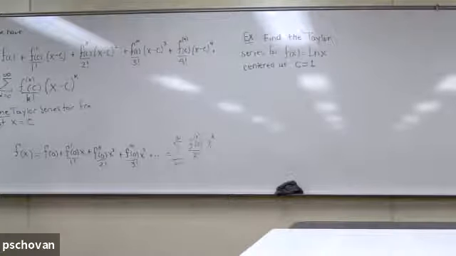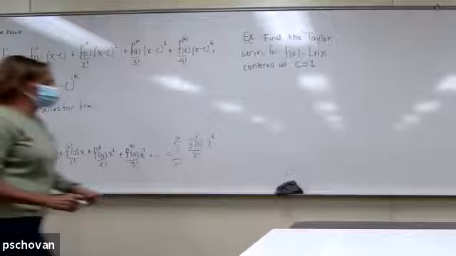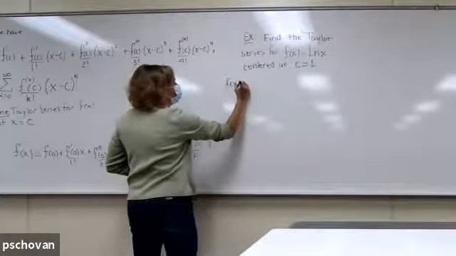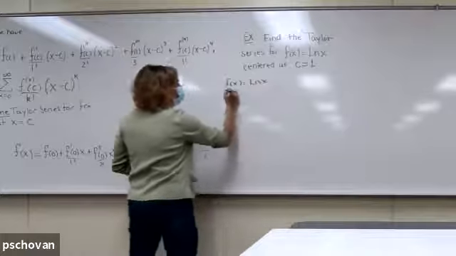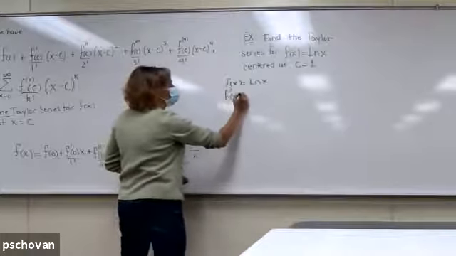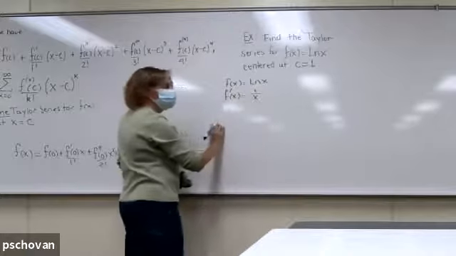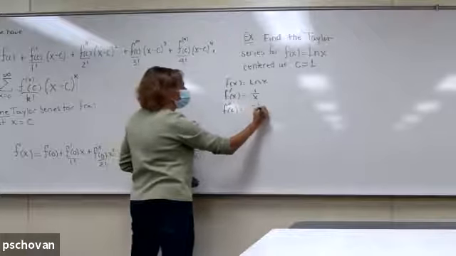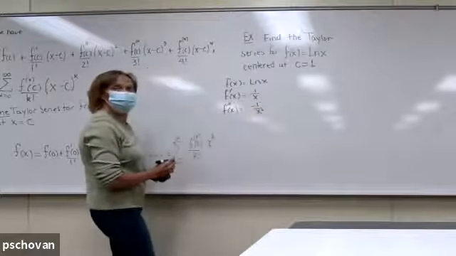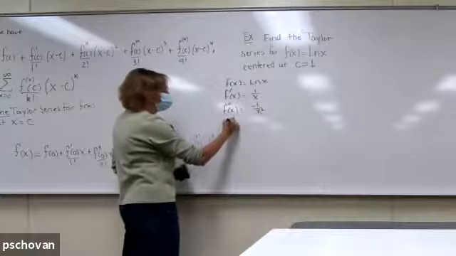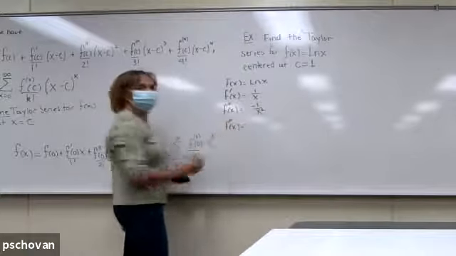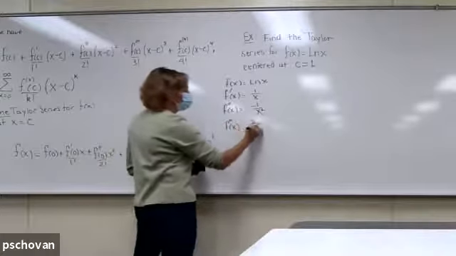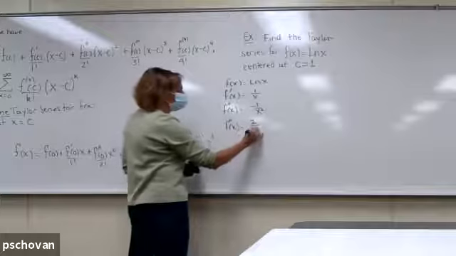So let's start taking a bunch of derivatives of the natural log of x until I run out of room here. So I'm going to start with f of x is the natural log of x. F prime of x is 1 over x. The second derivative is negative 1 over x squared. Third derivative, think of that as x to the negative 2. So it'll be 2 over x cubed.